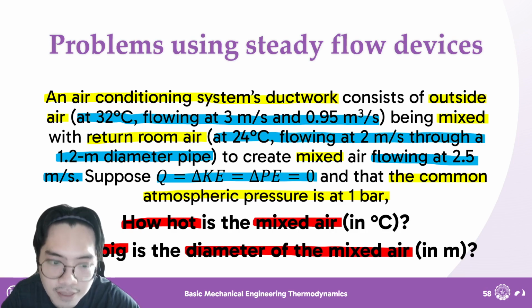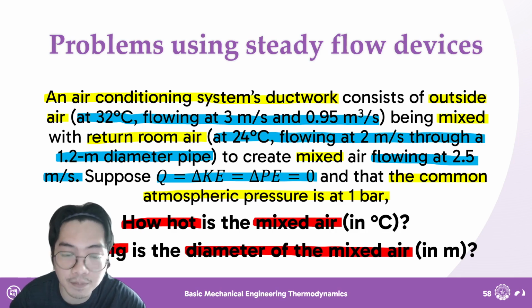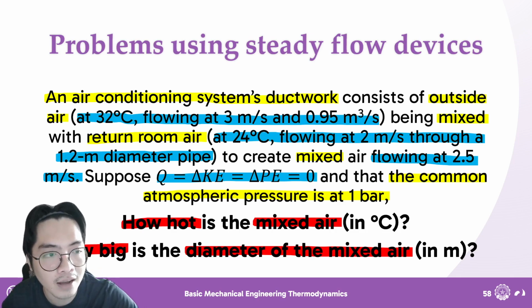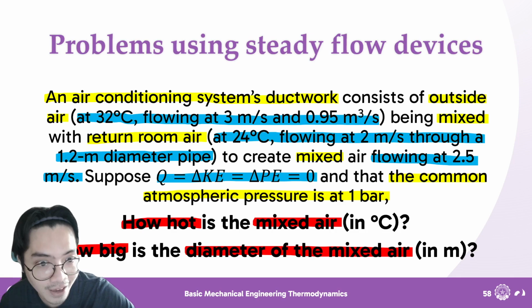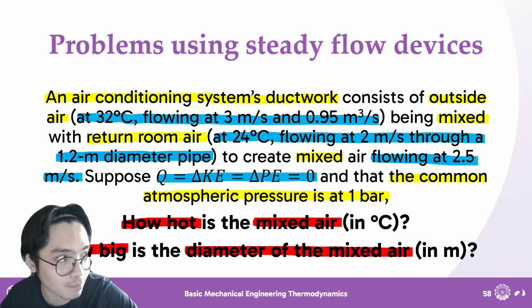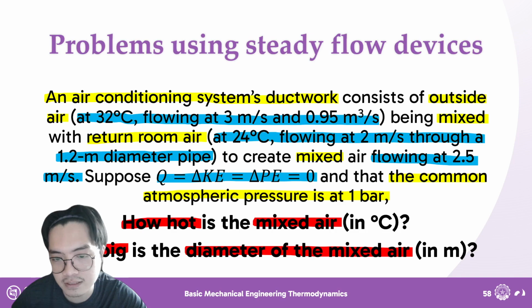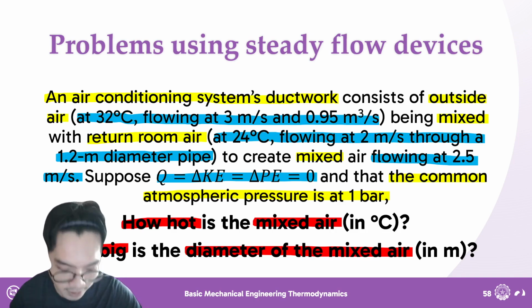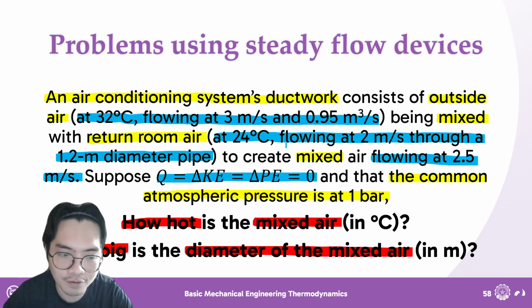And 24 might even be cold enough for some people. Every night it gets too chilly for me, and my room is at 24 degrees. I feel like I'm more comfortable at 25 or 25 and a half degrees Celsius. But that's just me.